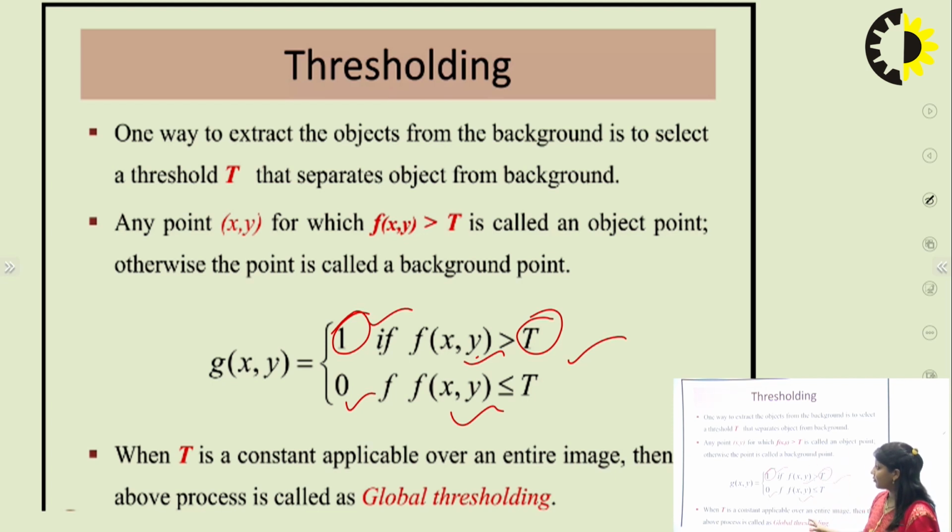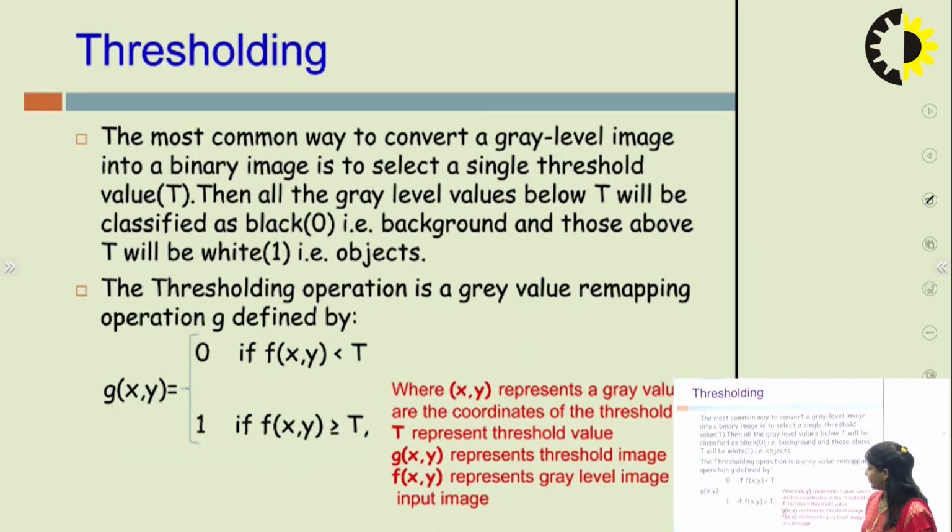This type of thresholding is called the global thresholding method. Global, because we apply this process to the whole image pixels. So this is global thresholding, the thresholding method we can apply to the overall image.